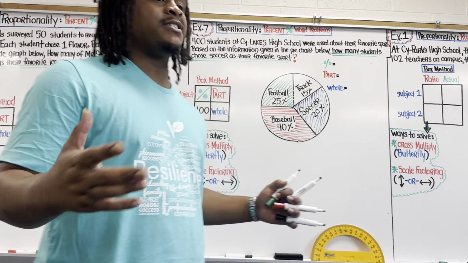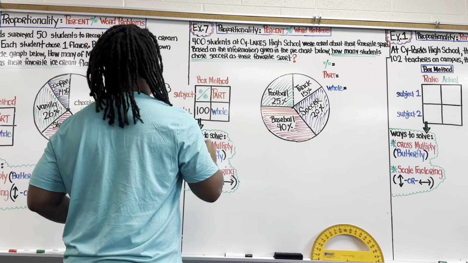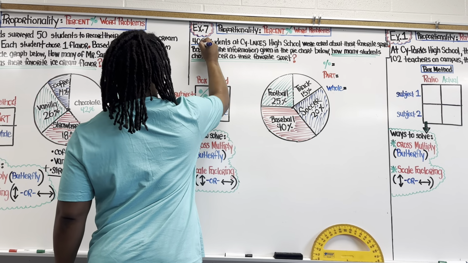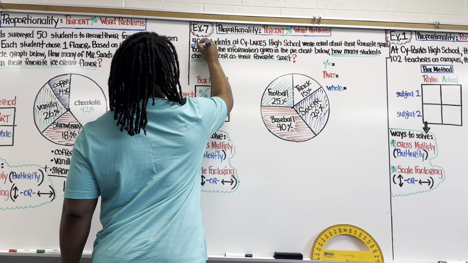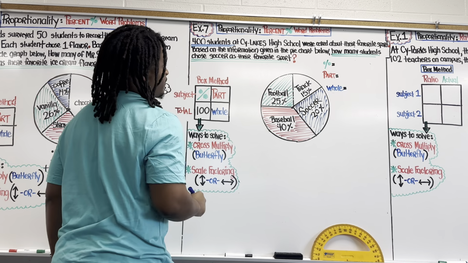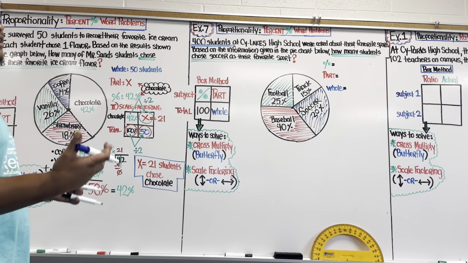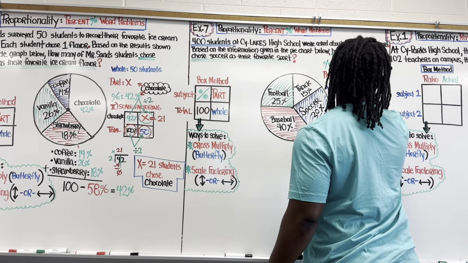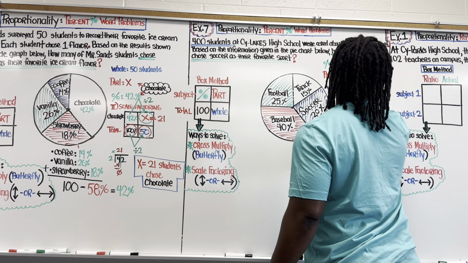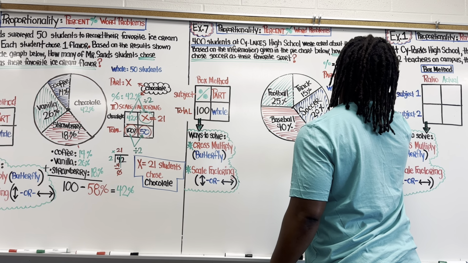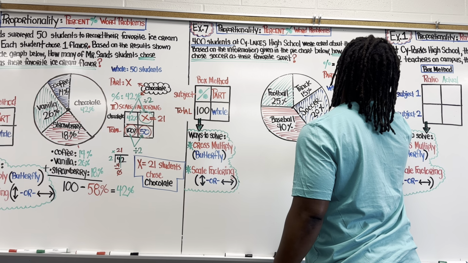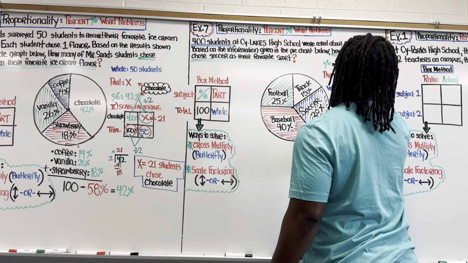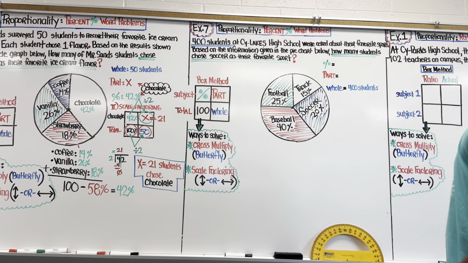All the students that participated, okay? So this problem told us that 400 students participated in this particular survey, right? They were asked about their favorite sport, okay? So the whole is the 400 students, because that is the overall quantity of everybody that participated in the survey or the questioning, okay? So 400 students, okay?